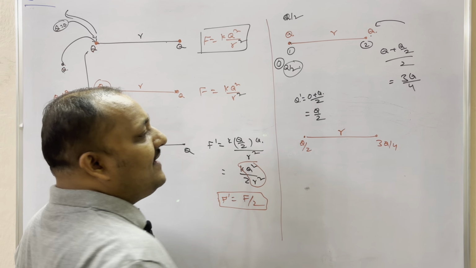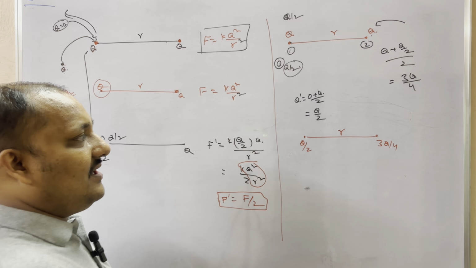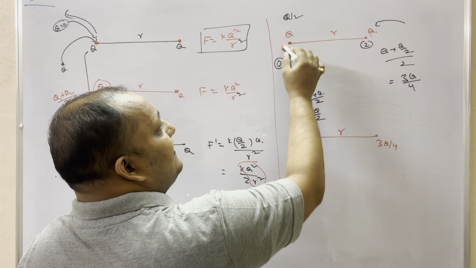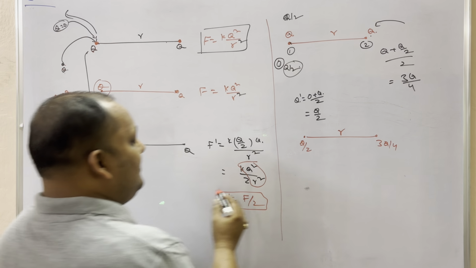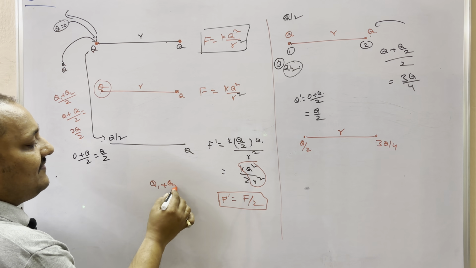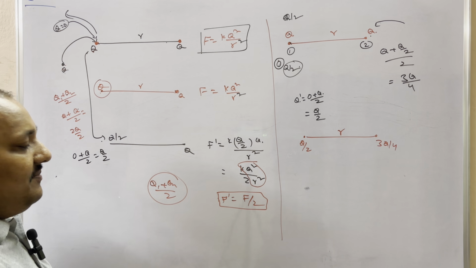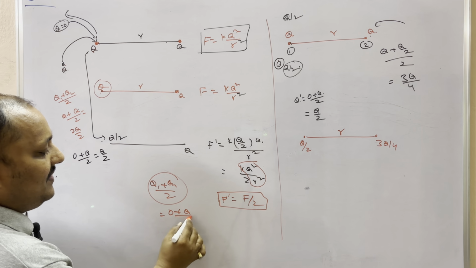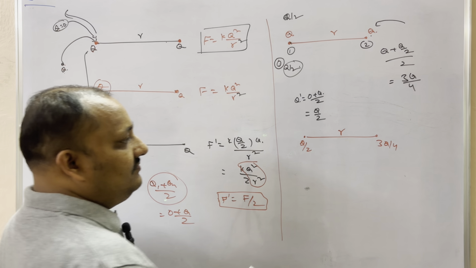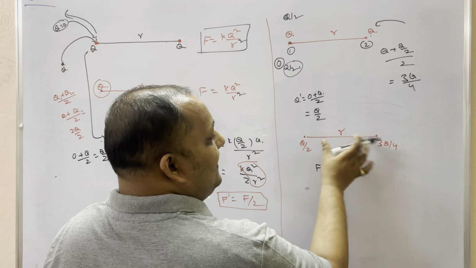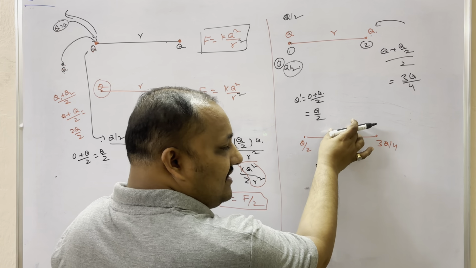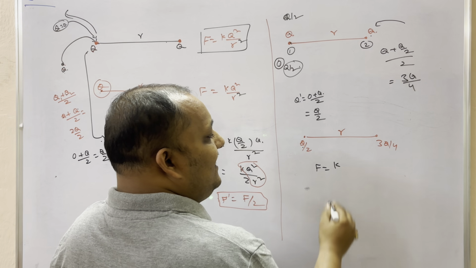Both are at the same separation. You have to understand that whenever this uncharged body is in contact with a charge, the charge is going to be exchanged, satisfying the formula (Q1 plus Q2) by 2, that is (0 plus Q) by 2. Now the new force between them: F is equal to K. They have not changed the medium, and they have not changed the separation. They have changed only the charges.